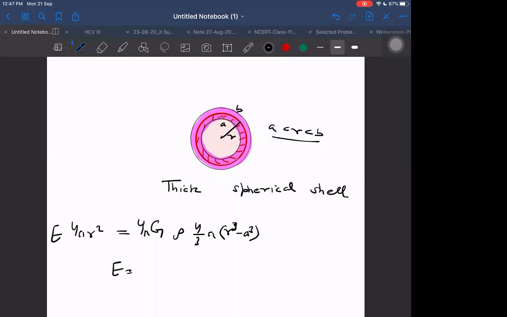Then E will be some constant k multiplied by rho multiplied by (r cube minus A cube) divided by r square.